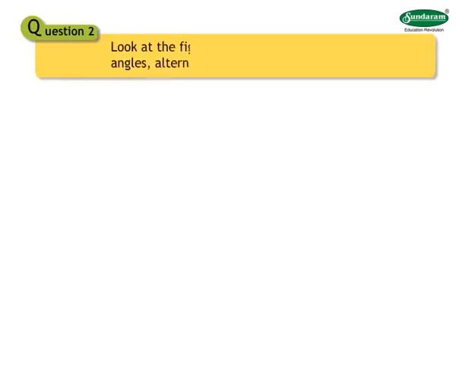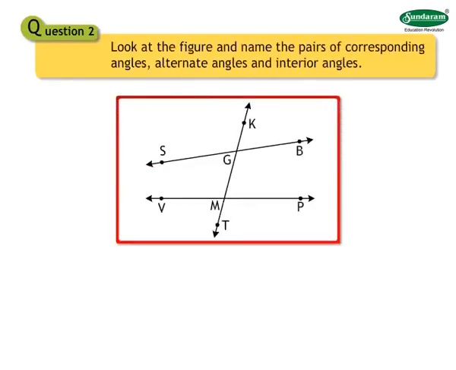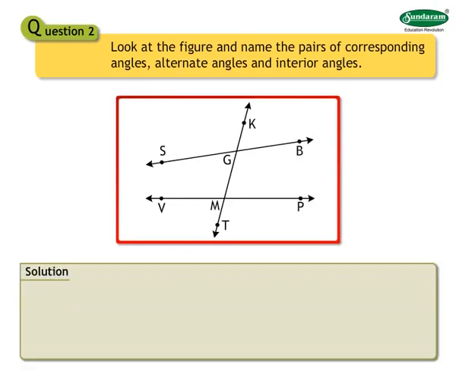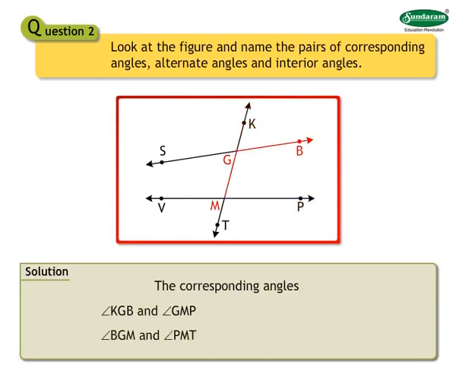Question 2. Look at the figure and name the pairs of corresponding angles, alternate angles, and interior angles. Solution. Look at the figure. The corresponding angles are angle KGB and angle GMP, angle BGM and angle PMT, angle KGS and angle GMV, angle SGM and angle VMT.